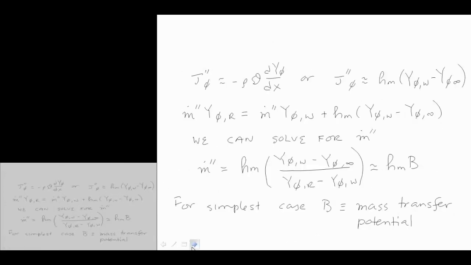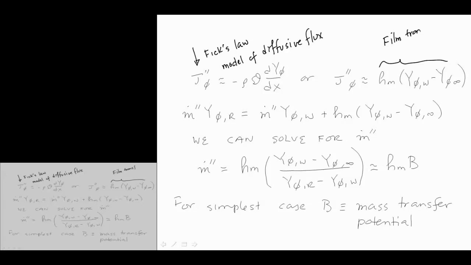Now, the diffusive flux can be modeled using Fick's law, or it can be modeled using a film transfer model. When we use the film transfer model as an example, we can easily solve for the mass flux.